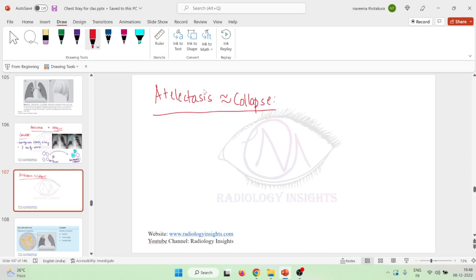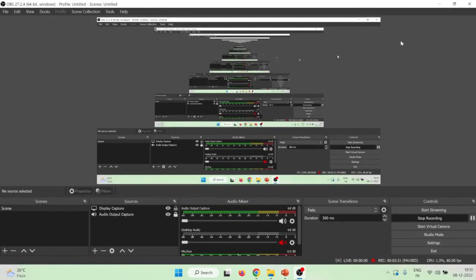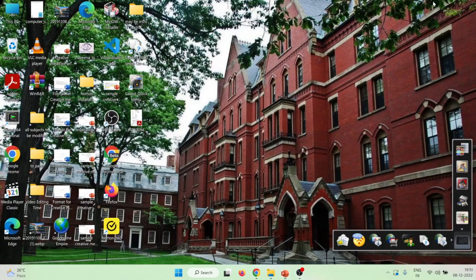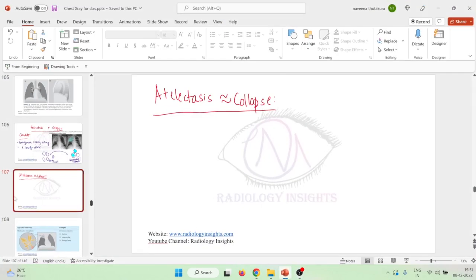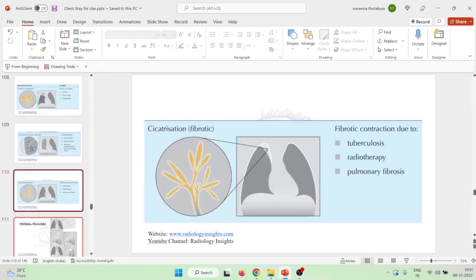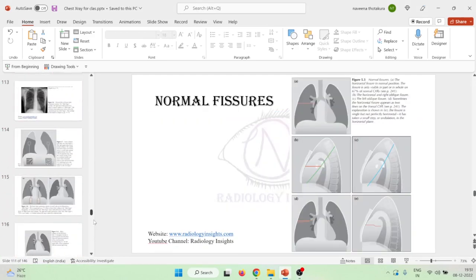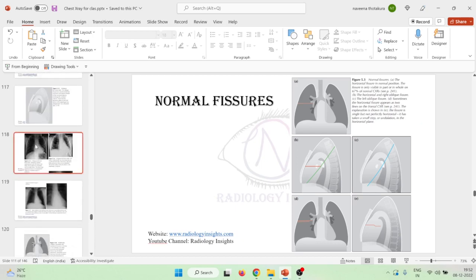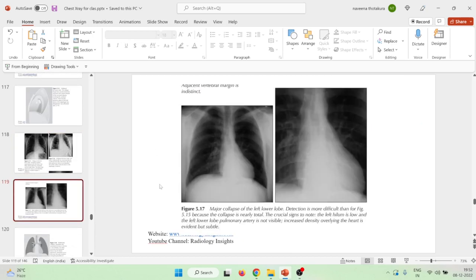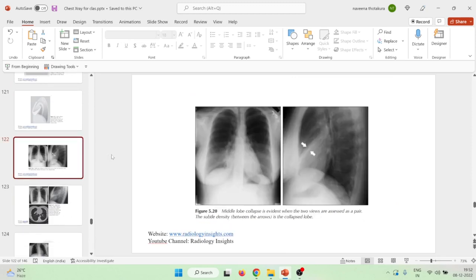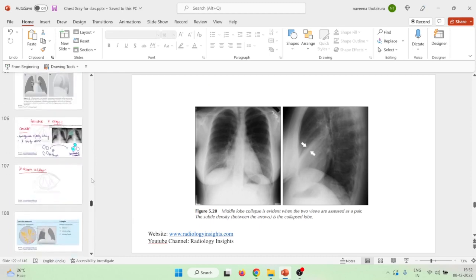That is, part of the lung has collapsed. So atelectasis is a collapsed lung. There are many pictures of atelectasis which we are going to learn today. So this is a collapsed lung. Even here you have a collapsed lung. We'll see the pictures in due course of time.